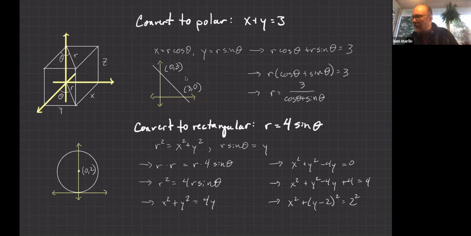So if I want to convert that into polar, I just have to remember the conversions for x and y and plug them in there. And now I have r cosine theta and r sine theta added together gets me 3. And what you should do as a last step is to factor that and divide. And then you'll have r equals 3 over cosine theta plus sine theta.